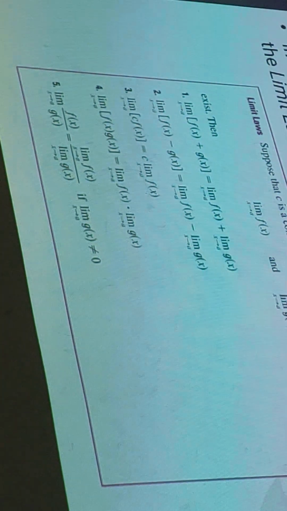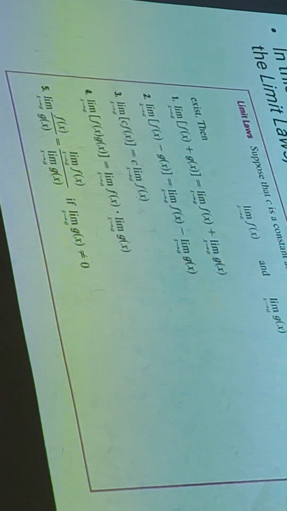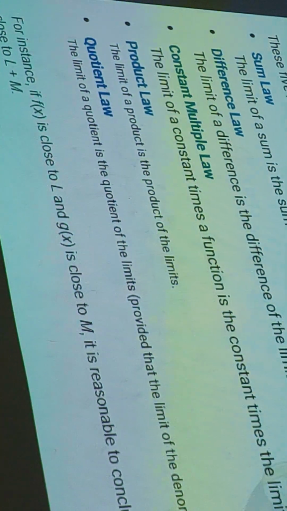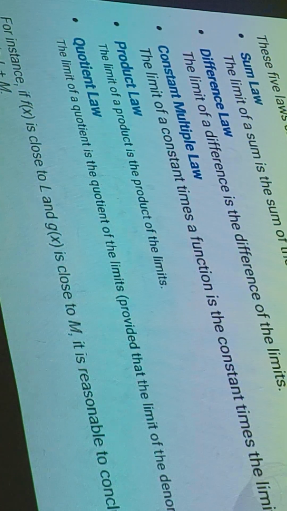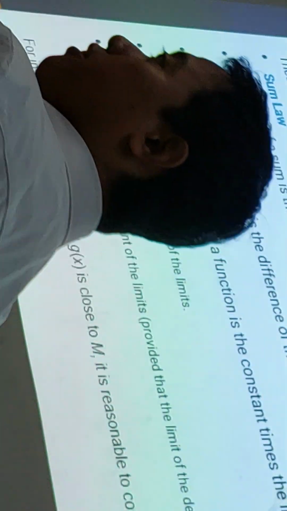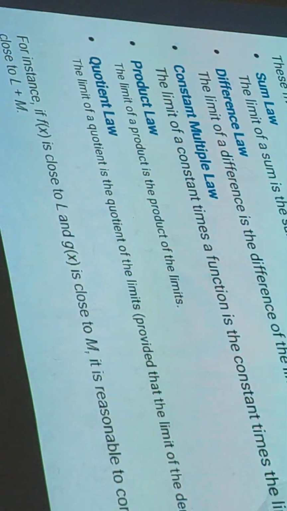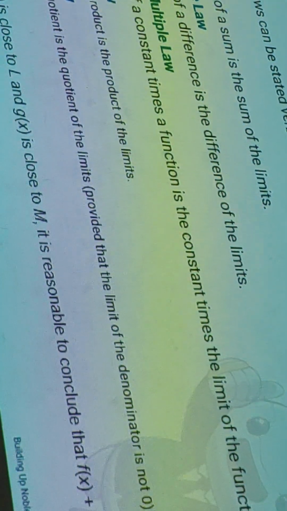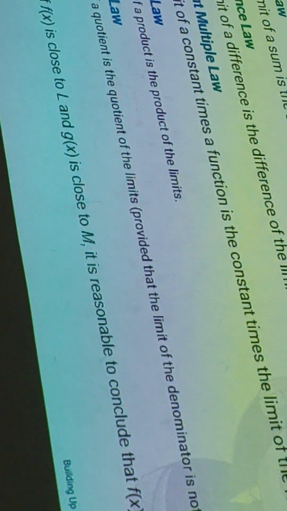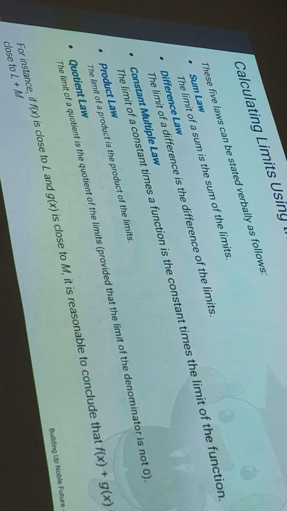Okay? And then we go to the third law, the constant multiple law. If we have a constant number in your equation or function, we consider the third law to solve the problem. The limit of a constant times a function is the constant times the limit of the function.